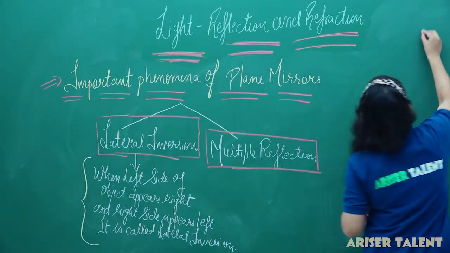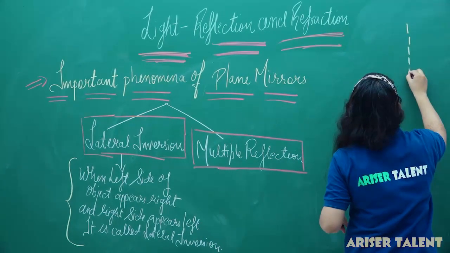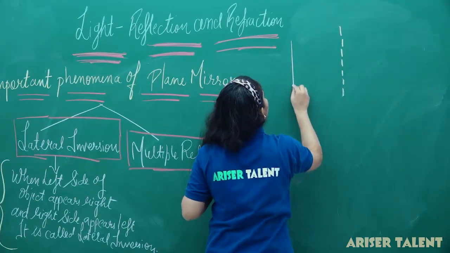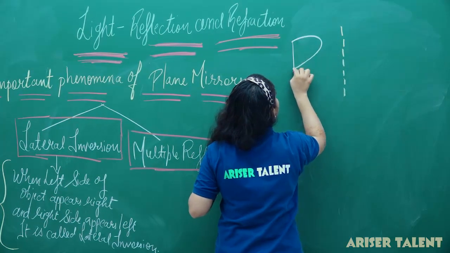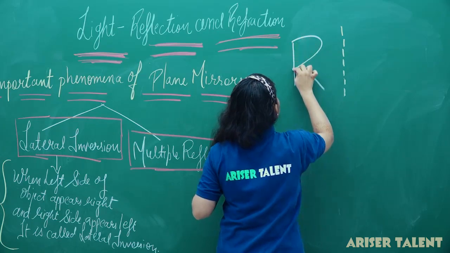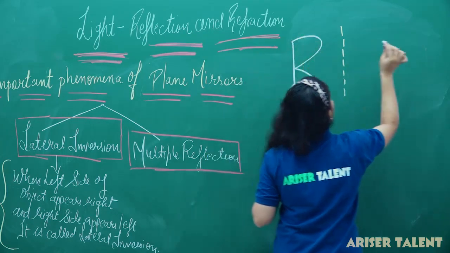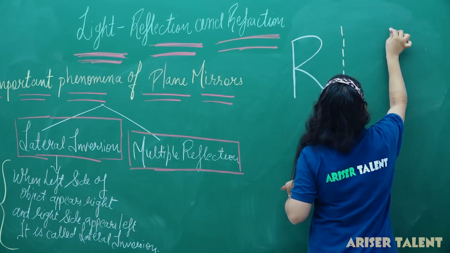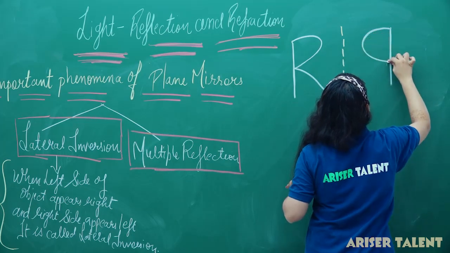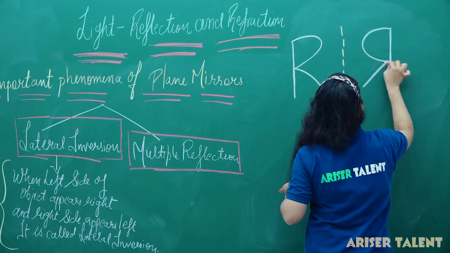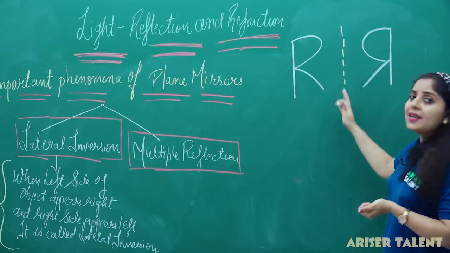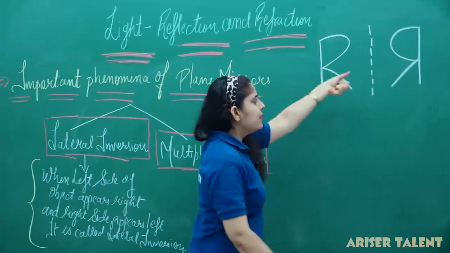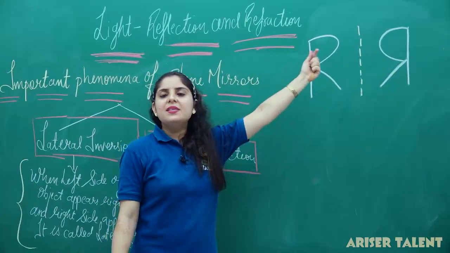Suppose I am assuming that a mirror is placed here and I am writing here the letter R. Now, if I am placing the mirror in between them, you can see that this R will appear like this.